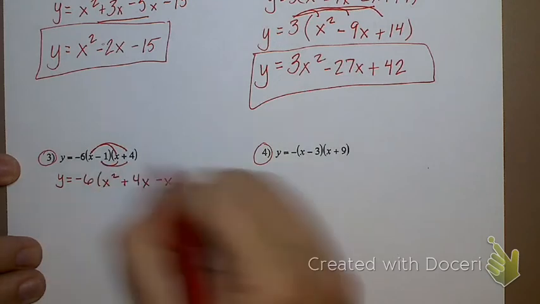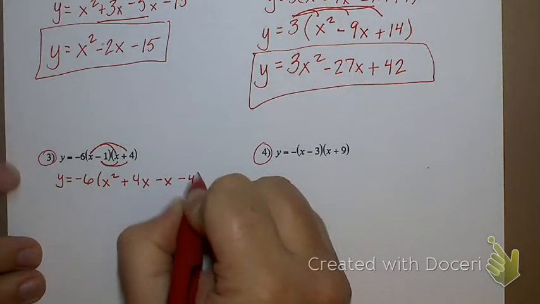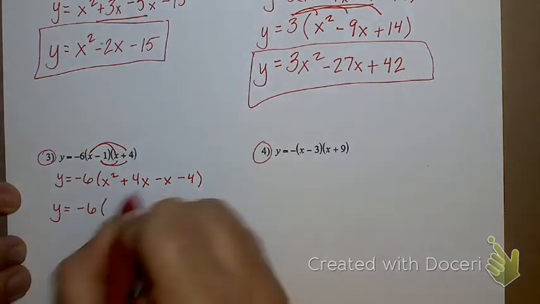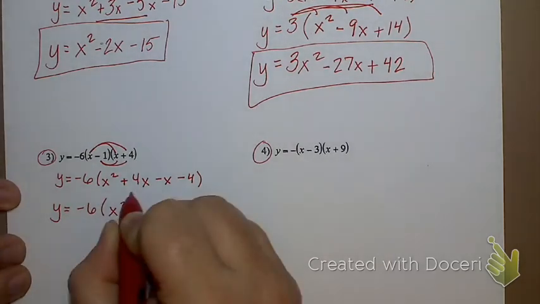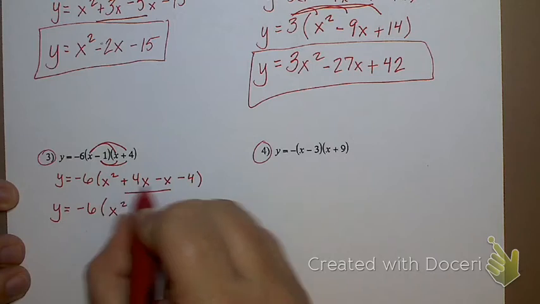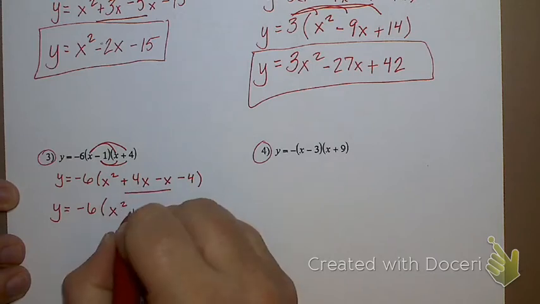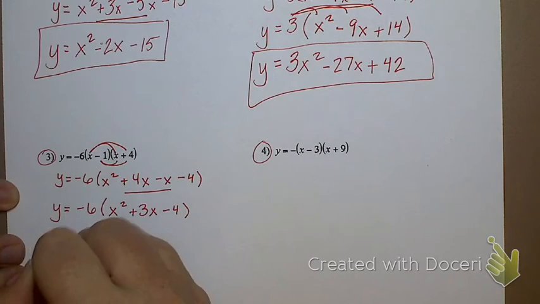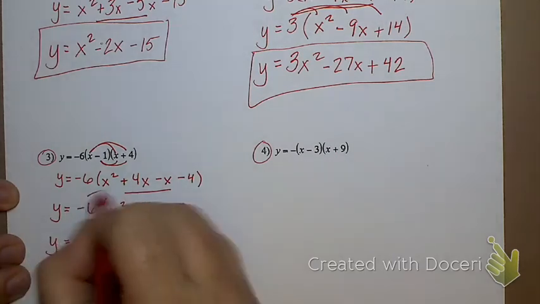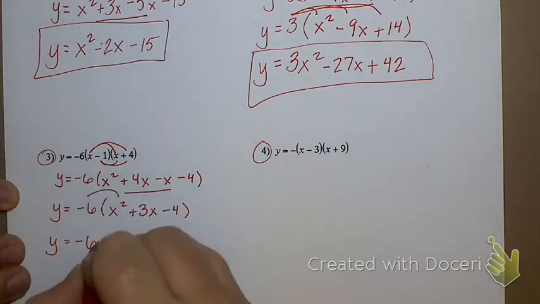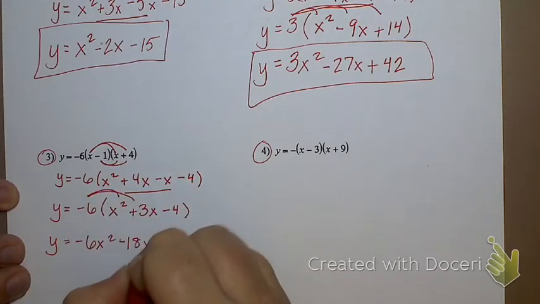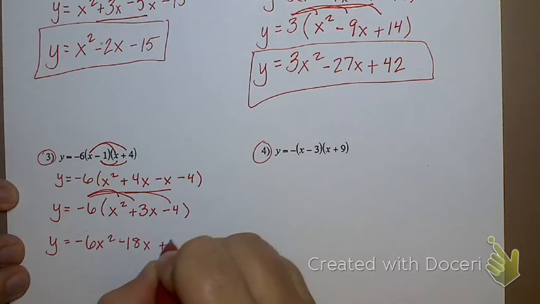And negative 1 times 4 is negative 4. Negative 6. Let's see if I combine my like terms. 4x and negative x is 3x. Now I distribute my negative 6, and that gives me negative 6x squared minus 18x plus 24.